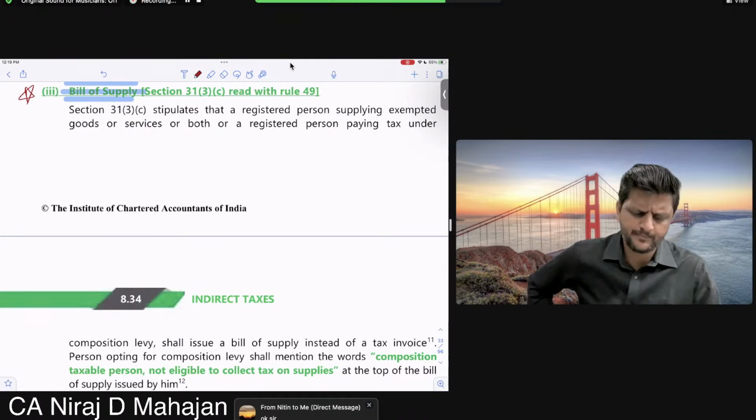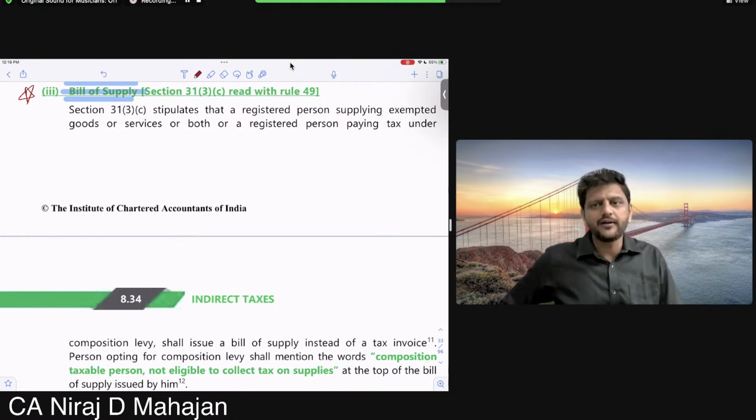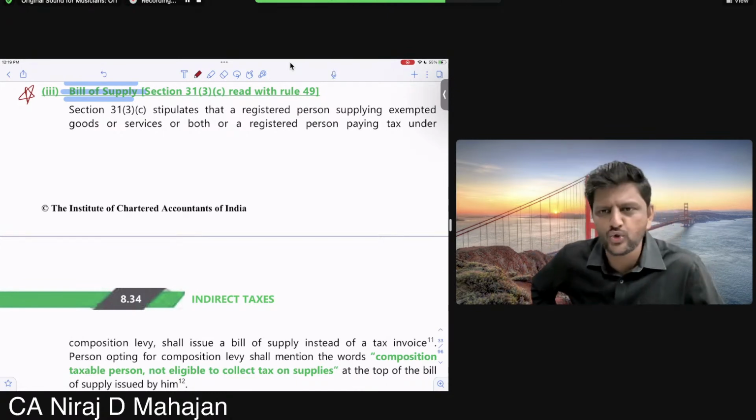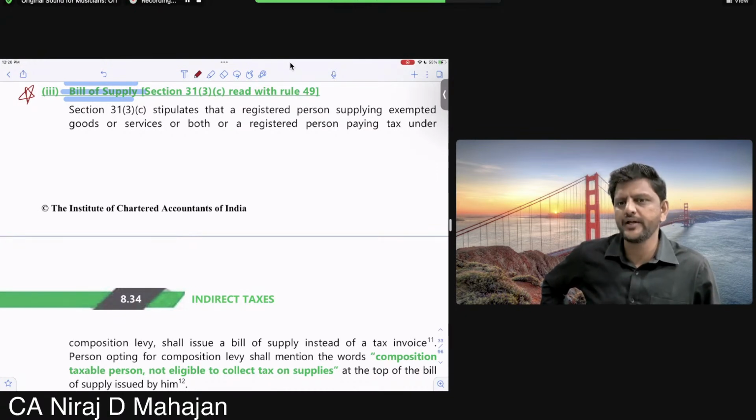Bill of supply. 31(3)(c). Bill of supply is, बच्चों, not a tax invoice. Okay, not a tax invoice. So whenever you are moving the goods without a tax invoice, a bill of supply is required. Did we do any example today where you are moving the goods but supply is not done?